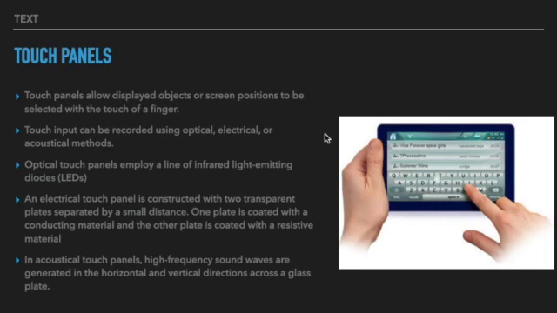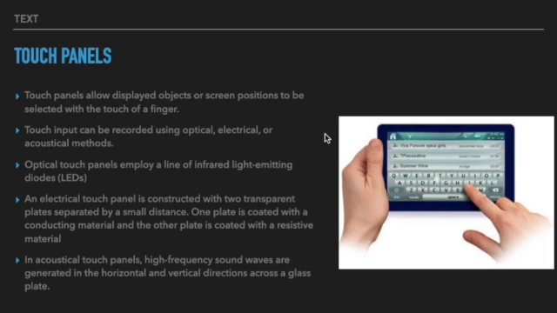the panel is touched. Okay. Then electrical touch panels are constructed with two transparent plates separated by a small distance. One of the plates is coated with a conducting material and the other plate is coated with a resistive material, and when the outer plate is touched, it is forced into contact with the inner plate, and that's how it works.